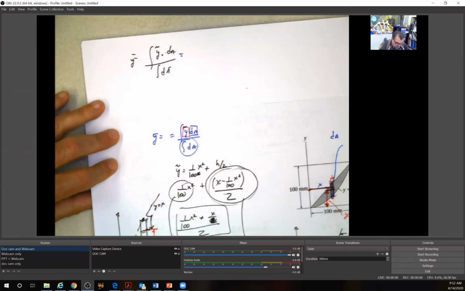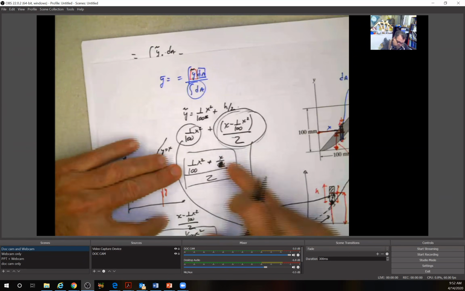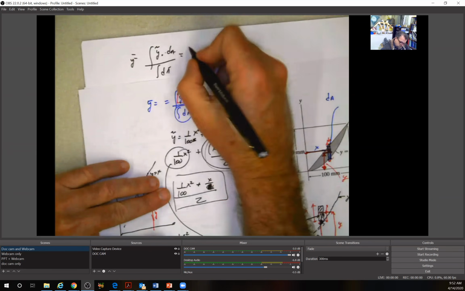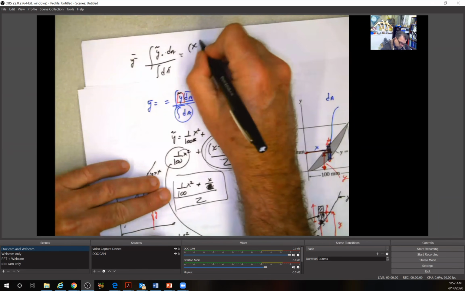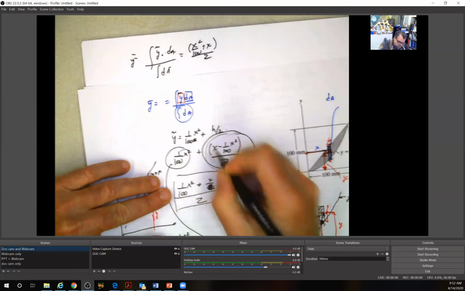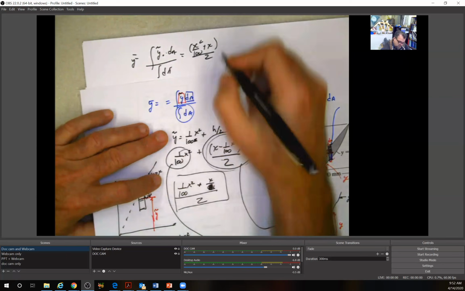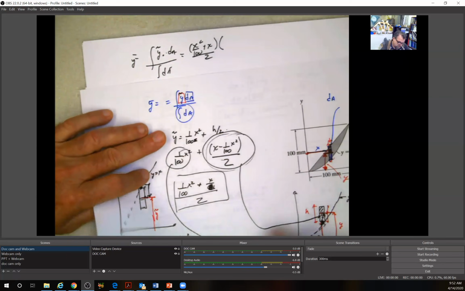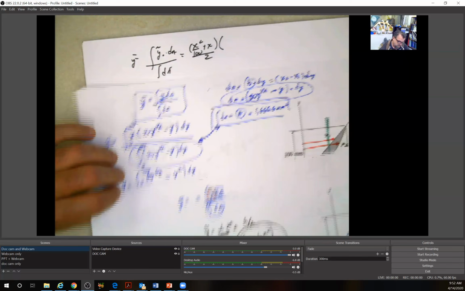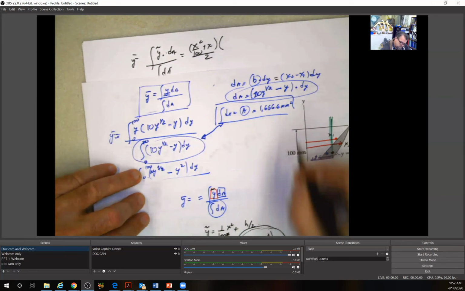Now this y wiggly is this value, or this value, exactly the same: x squared divided by 100 plus x divided by 2. That's the value for that, multiplied by the differential of area. And the differential of area is that big thing over there, this one.